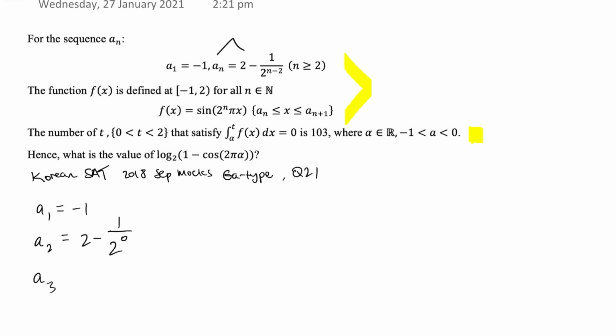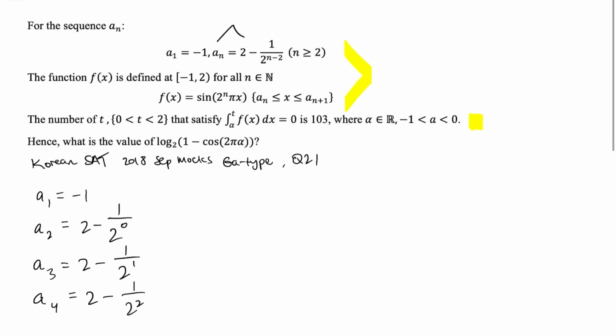A of 3 is equal to 2 minus 1 over 2 to the power 1. A of 4 is equal to 2 minus 1 over 2 to the power 2. And this will keep on going. So if we want to rewrite this, this is the same as saying 2 minus 1, 2 minus half, 2 minus quarter.